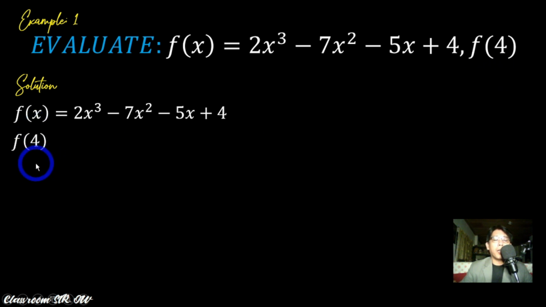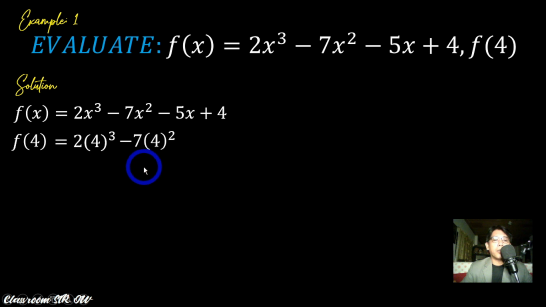So we replace x by 4. What we are going to do with this 4 is replace all x in the given polynomial function by 4. So let's start with 2x cubed, replacing x by 4, that is 2 times 4 to the power of 3.